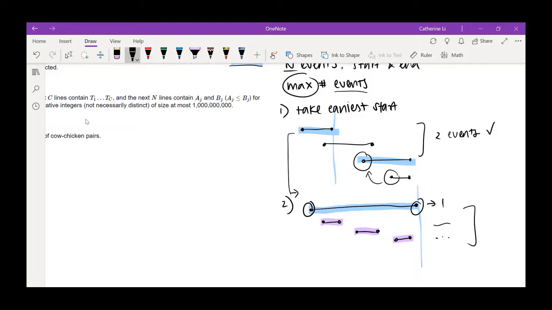Or if there was stuff after it, we would have fewer choices than if we took an event that maybe started later but ended earlier. So by doing that, we can form another algorithm, which is just to take the next earliest ending event.